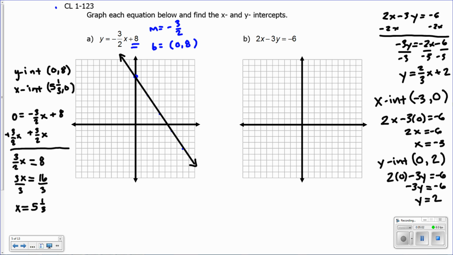Now I'm just going to take those and plot those on the graph. I'll change the color so you can actually see it. We've got the point 0, 2, and we've got the point negative 3, 0. So we know it's going to go right through those points. Let's just go ahead here so it looks neater.